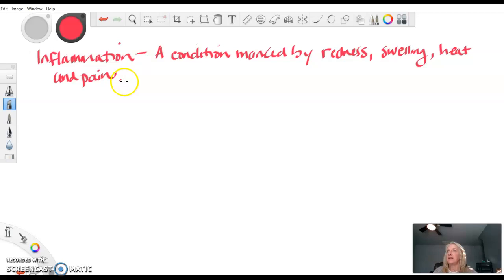Okay. It is initiated by something called cytokines.